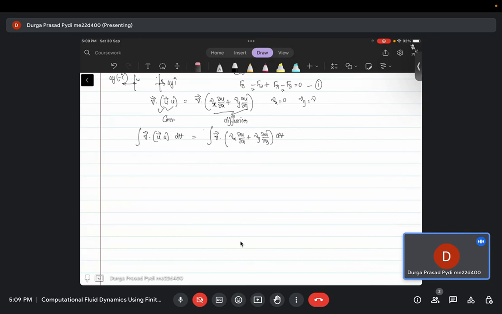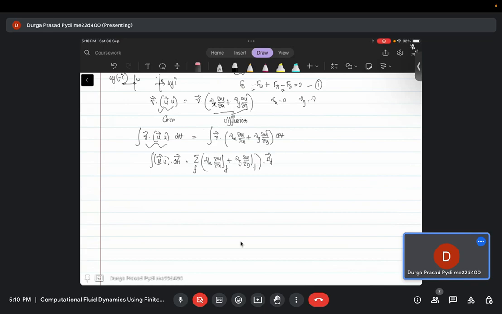Now if you apply the Gauss theorem, this essentially becomes mu x times del u del x plus mu y del u del y on the face times A_f vector.